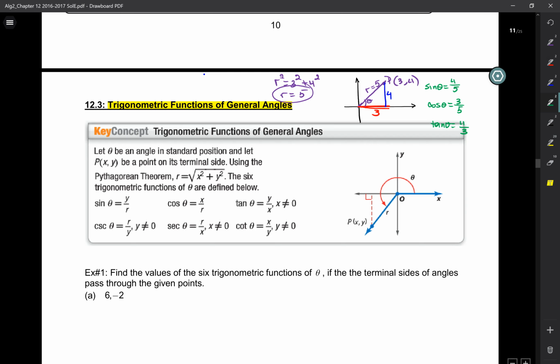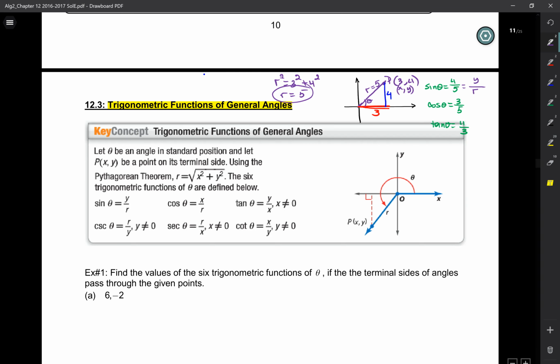Now, let's look a little bit more closely at what these numbers are. Sine of theta is 4 over 5. What exactly is that? If I write this point P as x comma y, what's sine of theta really? Could I say that it's really that value y over r?